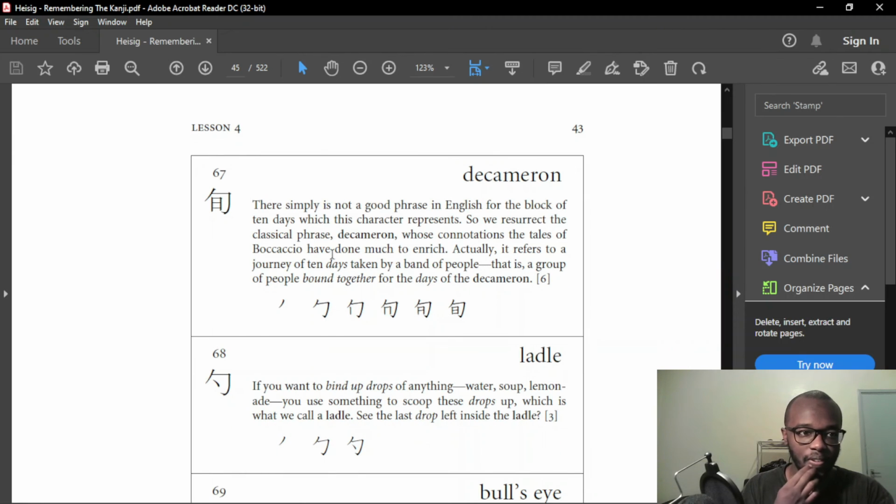Decameron. So it's just bound the day. Hey, so what does Decameron even mean? The tale of Boccaccio, a journey of 10 days. In Decameron, I know Cameron Diaz.